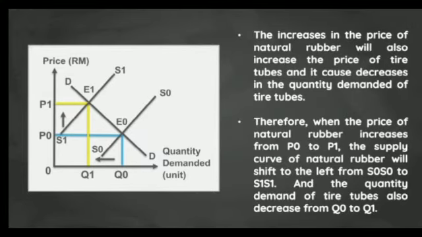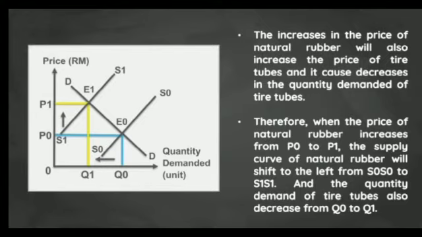Based on the diagram, price equilibrium will be at P0 and the quantity equilibrium will be at Q0. The increase in the price of natural rubber will also increase the price of tire tube, and it causes a decrease in the quantity demanded of tire tube.